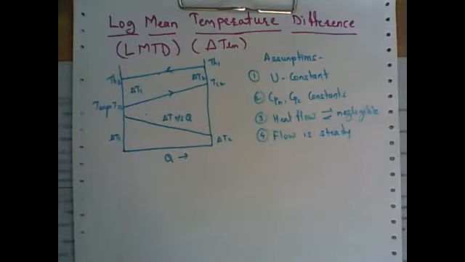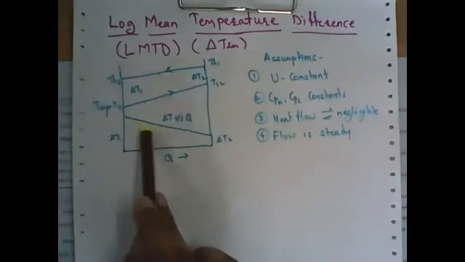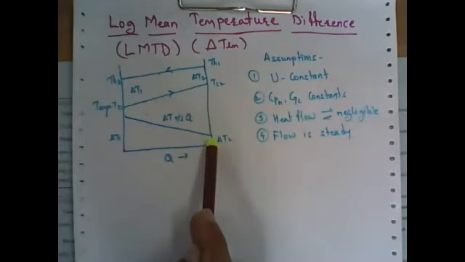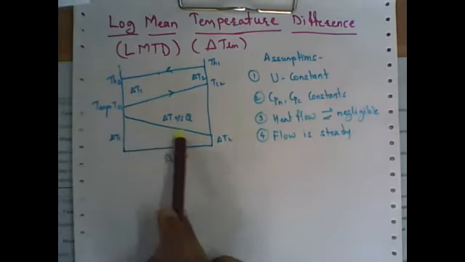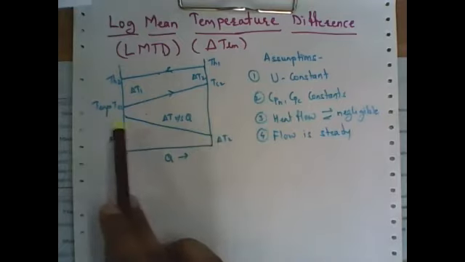Now you can observe this diagram, the second line, that is delta T versus Q. If you plot a graph of delta T versus Q, we get a line like this.